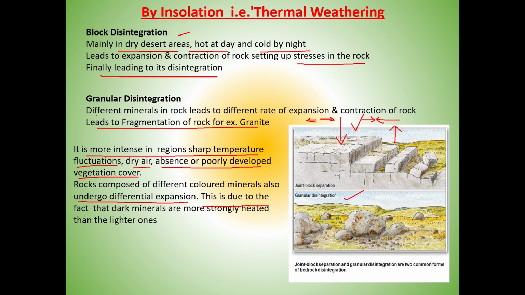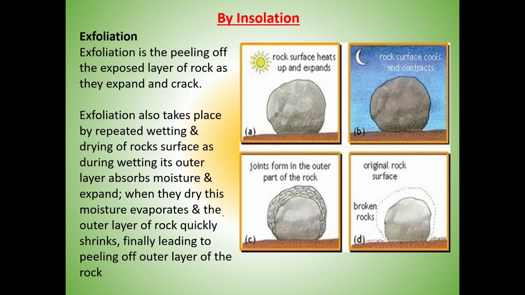This is due to the fact that the dark minerals are heated more strongly than the lighter ones. So differential heating, differential expansion, and differential cooling form stress, and that's why the rock gets disintegrated.